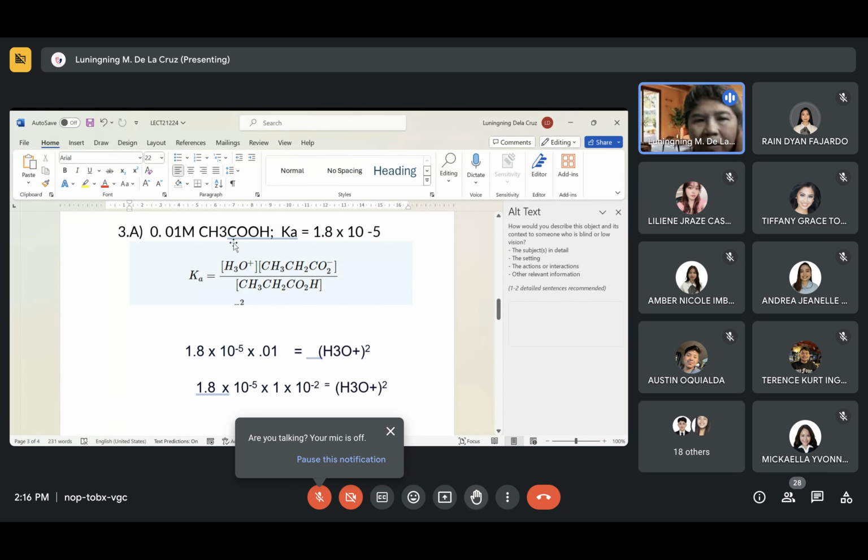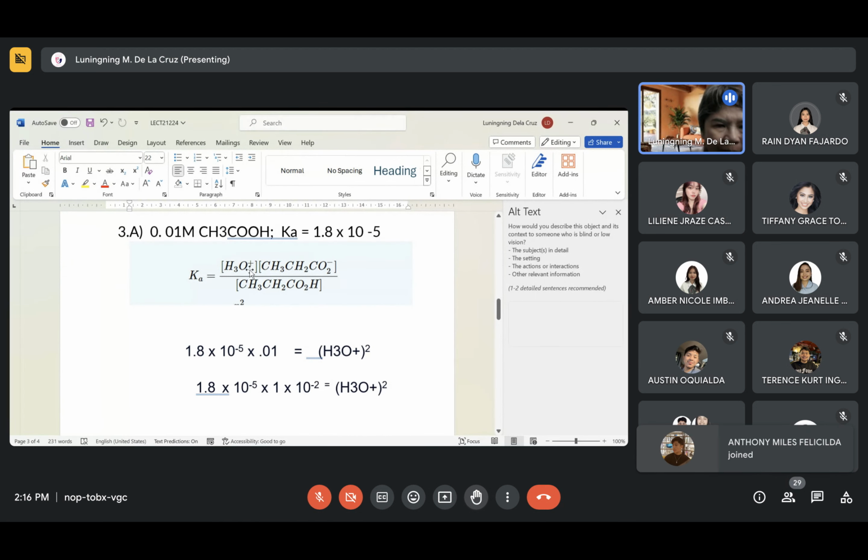Now, we all know that acetic acid will dissociate into hydronium ion and acetate ion. So, Ka is equal to hydronium ion multiplied by acetate ion divided by the quantity of your acetic acid.